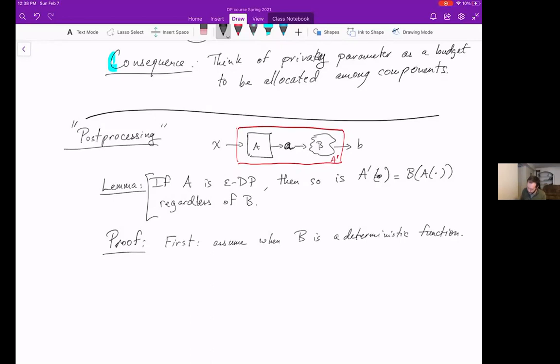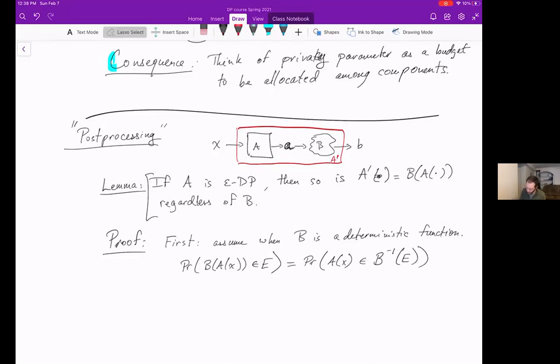Then the probability that B of A of X lies in some event E is equal to the probability that A of X lies in the set B inverse of E.